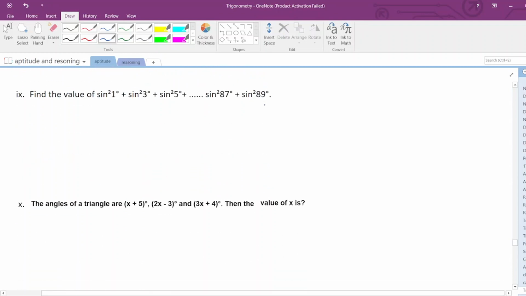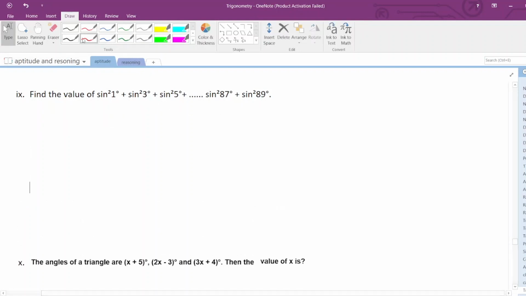So this is a very easy one. Now see here, this is also a kind of tricky question, but it's easy. They asked for an addition, and moreover all are squares. See, now what I am doing is, look, sin 1 to 89.